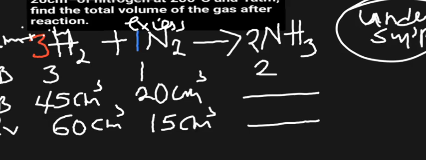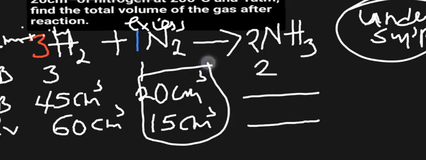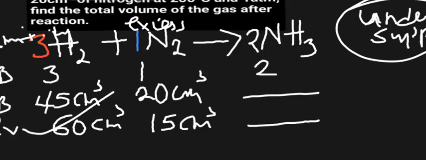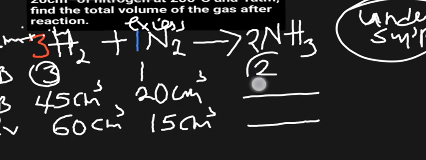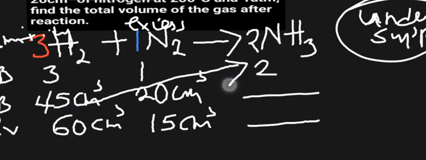And I said for me to solve what should be under ammonia, which is the product side, I need to focus on the one that is undersupplied. In this case, hydrogen. I don't want to worry about the other one for that. So let's use this one for us to know what should be under ammonia. I said 3 to 2 is the ratio. So 45 should give you what? 45 times 2 divided by 3. That will give you what should be under ammonia. 45 times 2 is 90.